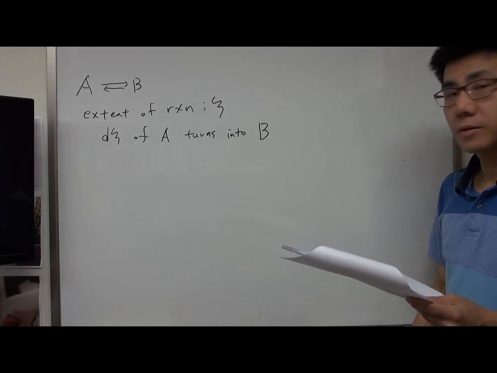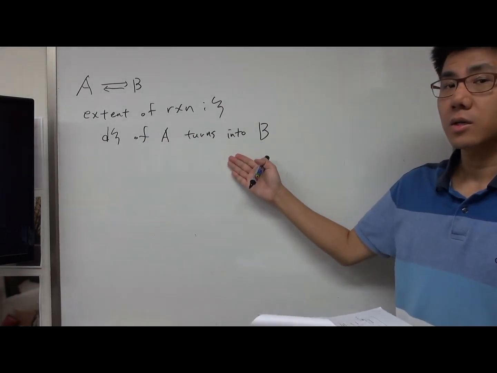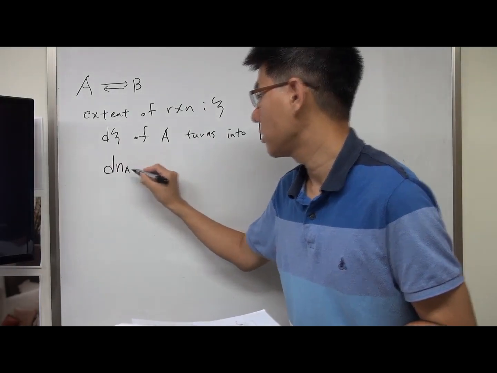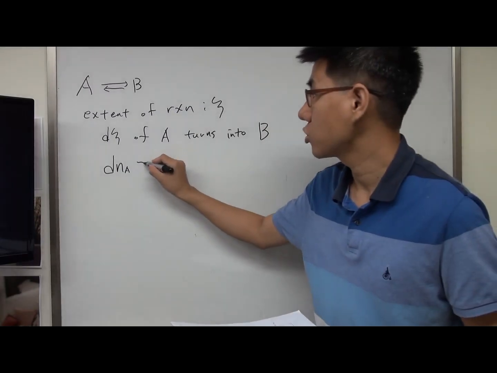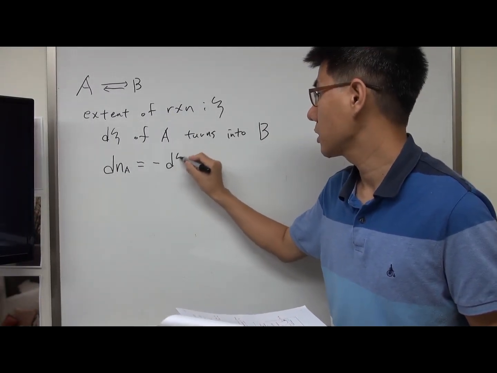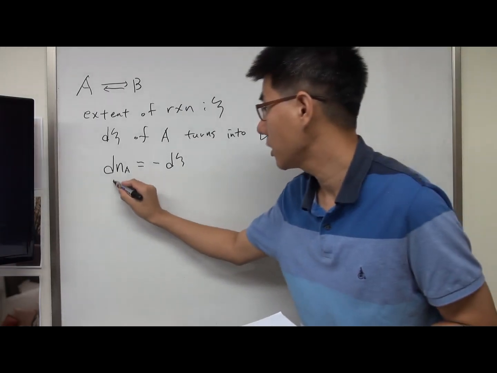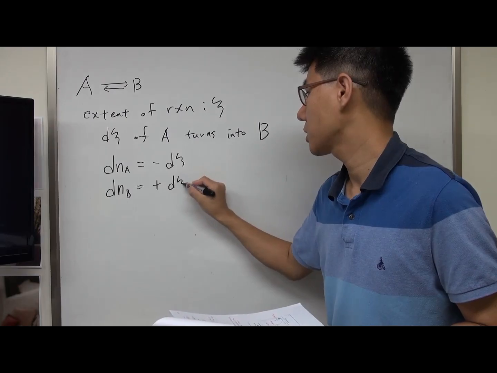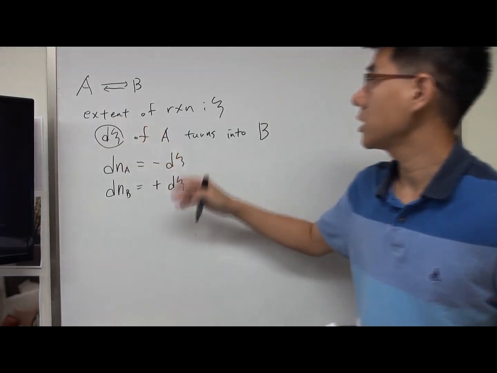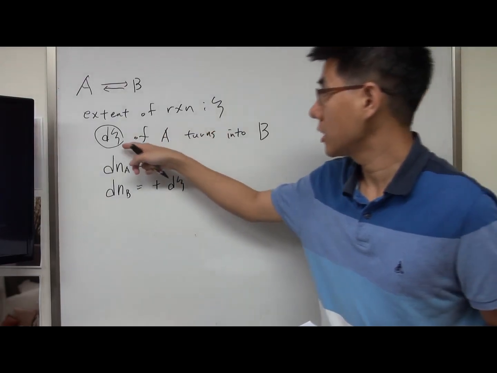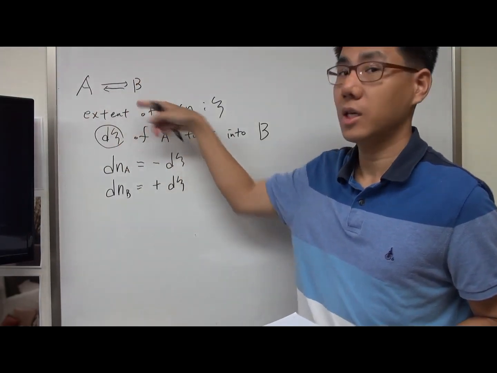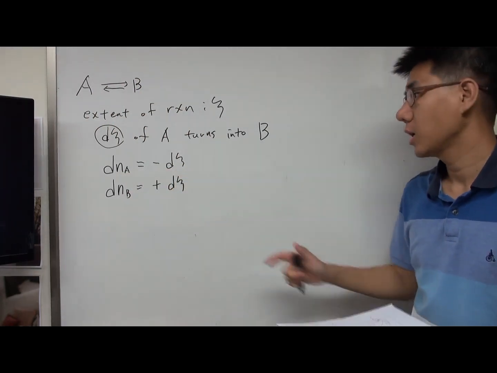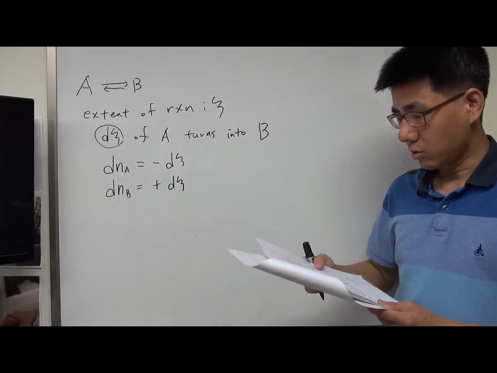If you represent this using equations, the change in the number of moles of reactant A, dNA, should be equal to minus d psi, and the change in the number of moles of product B should be plus d psi, because psi is the extent of reaction. So dNA equals minus d psi, and dNB equals plus d psi.